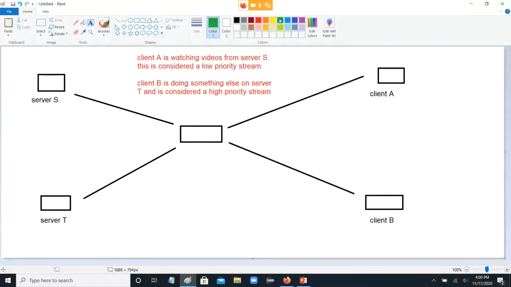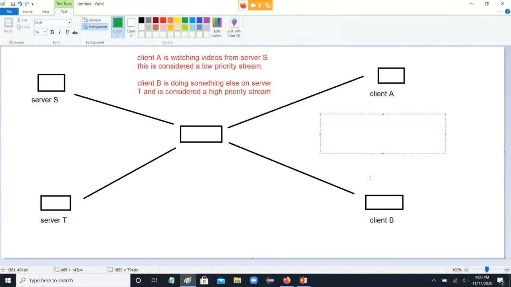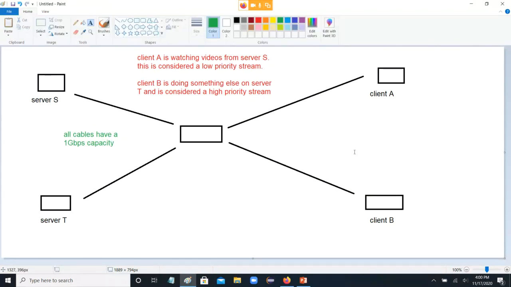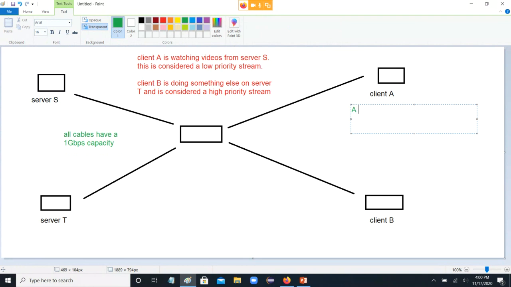So the way this is going to play out, let's suppose each of these cables has a 1 gigabit per second capacity. Okay, all cables have a 1 gigabit per second capacity. So suppose most of the time client A typically needs, say, 0.5 gigabits per second for his traffic stream.